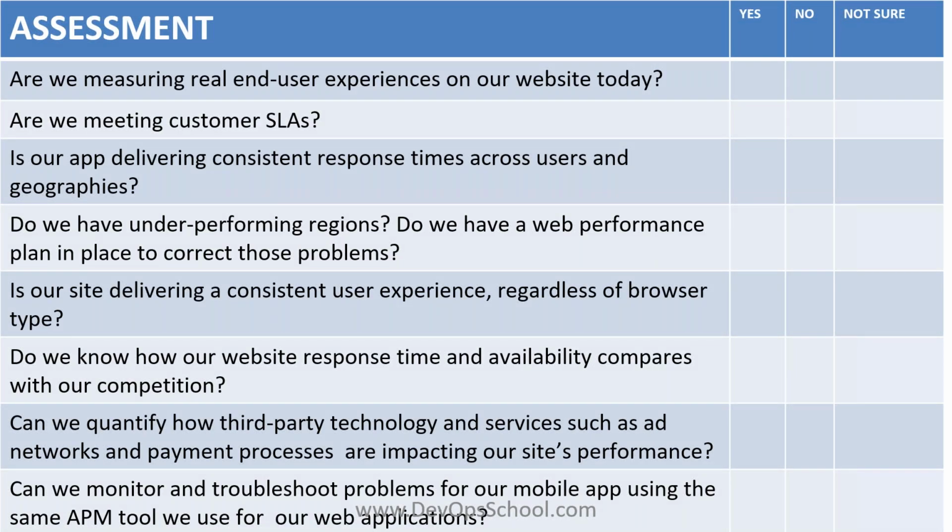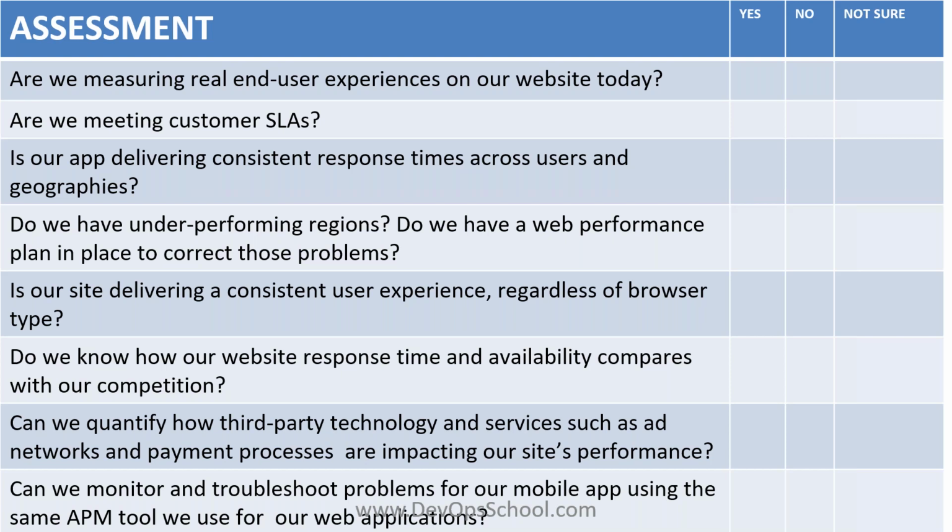These are the assessment questions, like in your project, are you doing this? These are some of the checklists which we have. This checklist basically talks about: are you measuring the real end user experience? The traffic may come from different regions. Users may use different devices and different browsers.